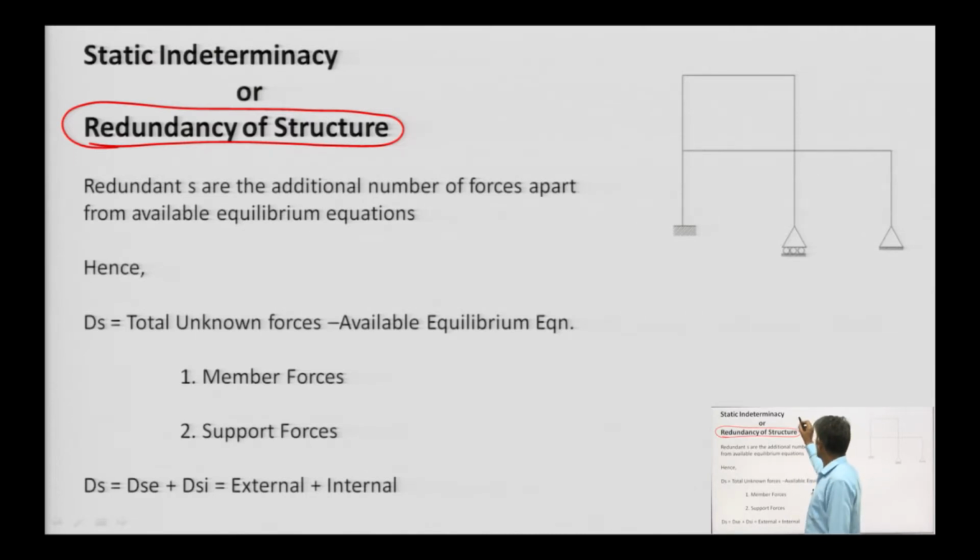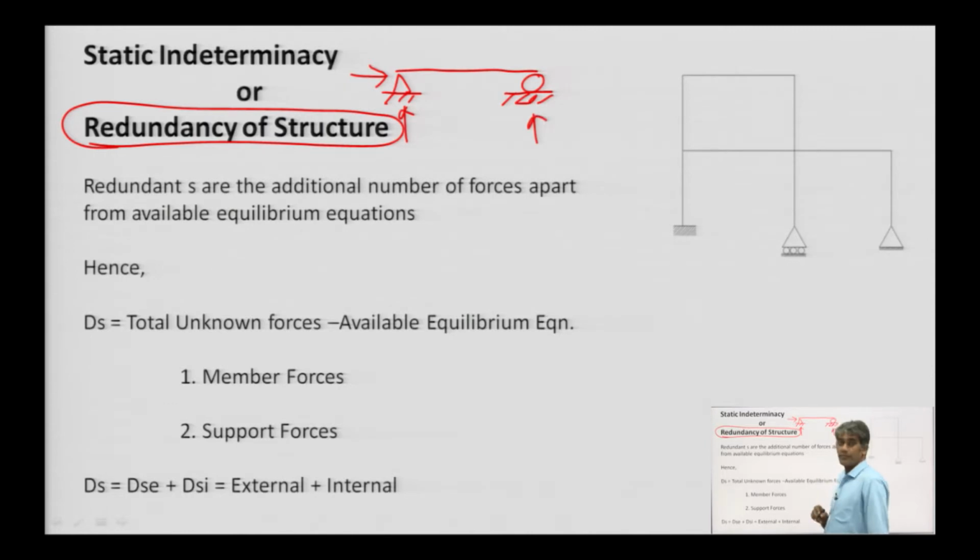Suppose I have this beam. In this beam, there are support reactions: two support reactions, one horizontal and another vertical, here, and only a vertical support here.